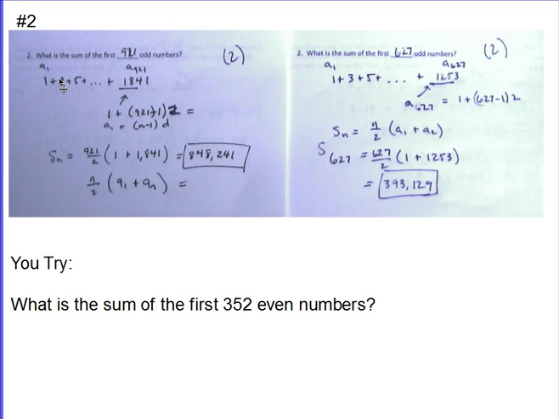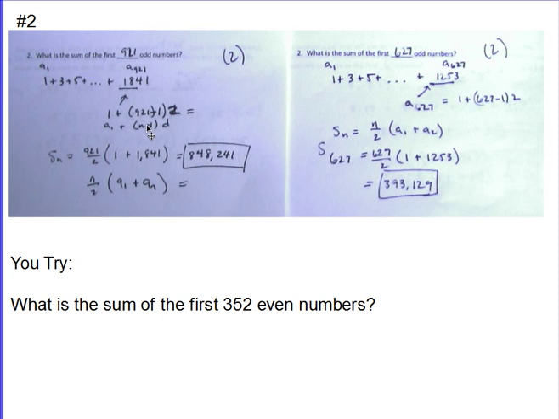If I were just to list them, I would have an arithmetic sequence. But because I'm adding them together, that makes this an arithmetic series. So the first thing I need to do is find out what is the 921st odd number. And the way that I can do that is to find the formula for an arithmetic sequence.